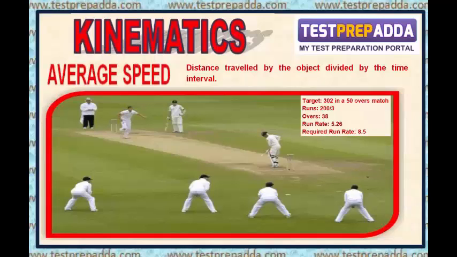Many times during the chase, they also give required run rate. That required run rate gives you the idea that how many runs are required on an average in every over to win a match. Now you can know how important is the average speed.